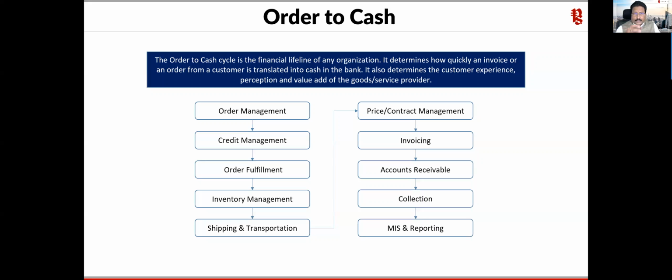And then, yes, you need a system or a technology which can give you visibility into all these aspects. Okay, which is what I was talking about. If you see the order management, what is MIS reporting? What does MIS stand for? MIS stands for Management Information System, right?